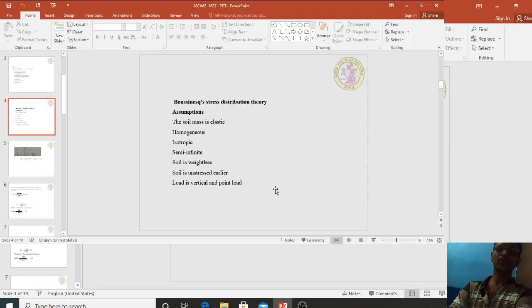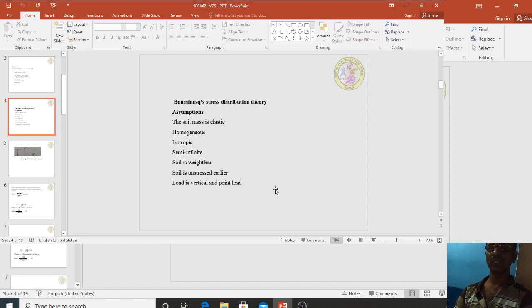Okay, so next is semi-infinite. What is meant by semi-infinite? Infinite means the soil properties will vary up to infinity, but for all practical and analytical purposes, they assume that it is semi-infinite. And the next assumption Boussinesq has made: soil is weightless.